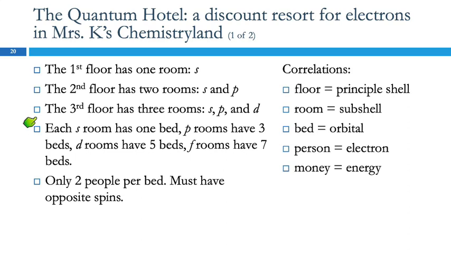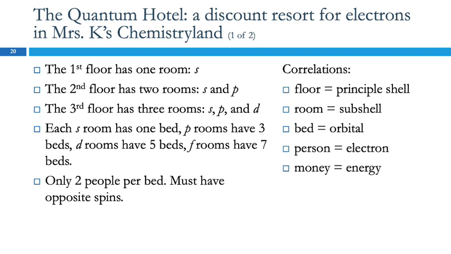The third floor has three rooms, S, P, and D. Guess how many the fourth floor has? 4. And the fifth floor would have 5. So the number of the floor tells me how many different rooms there are. The floor is the principal energy level. The rooms are the sublevels.